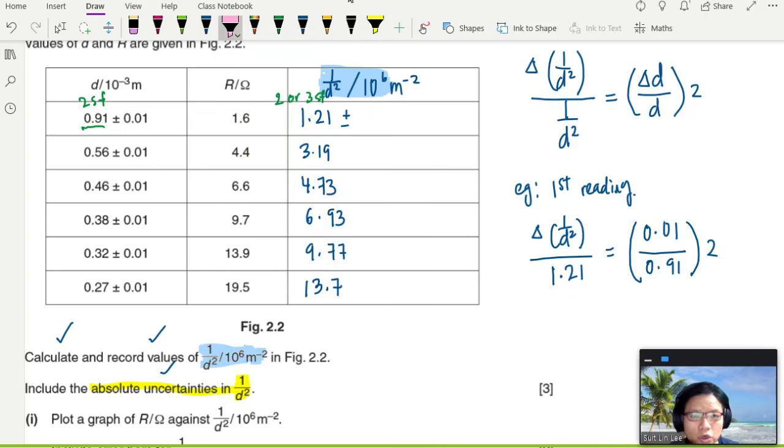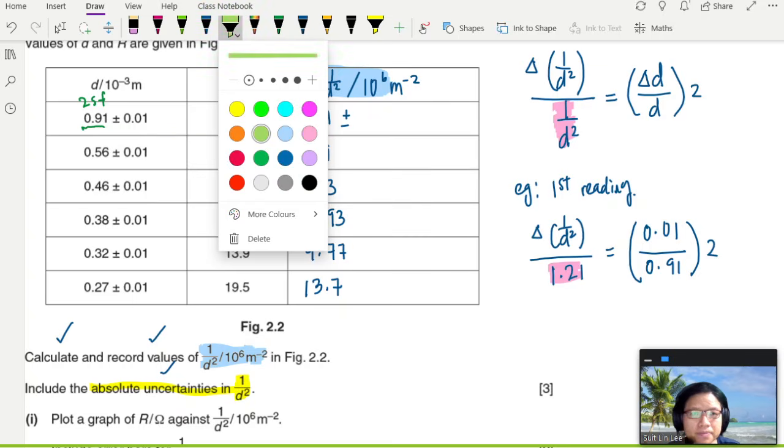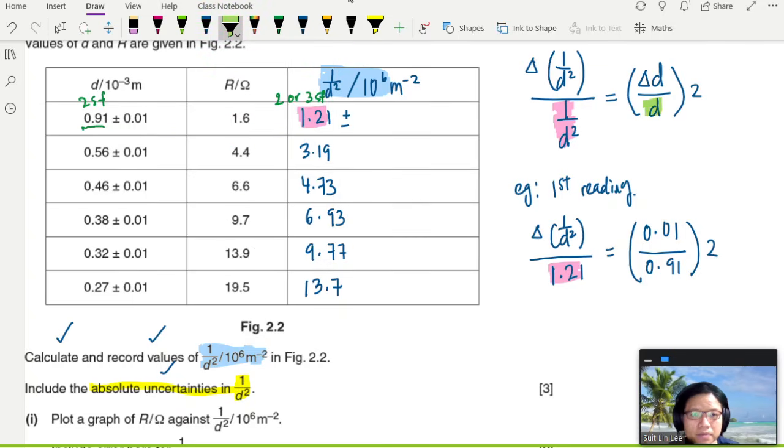Your 1 over d square is 1.21 because this is your 1 over d square. Your value of d here is 0.91. There, 0.91. This is d1. You have to be very careful when you bring values.